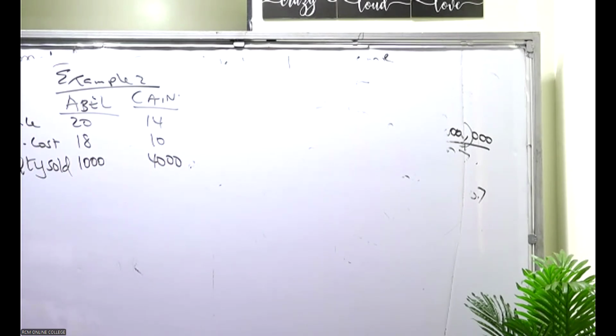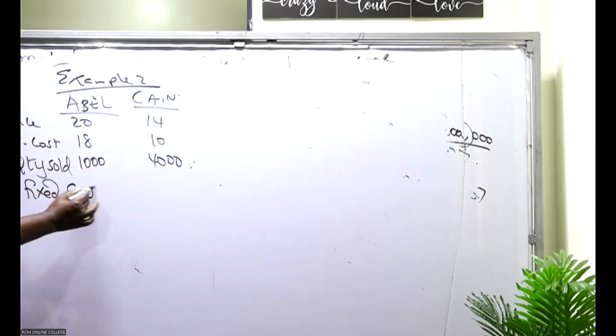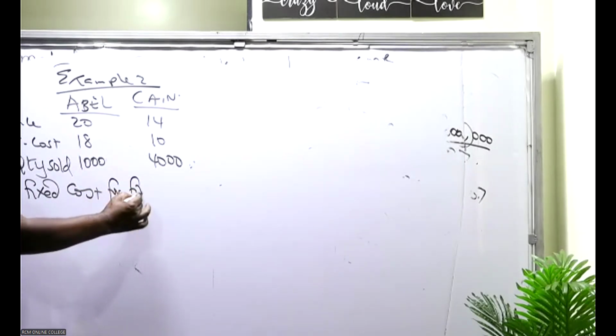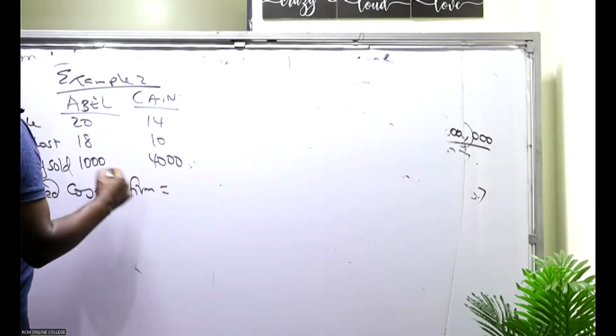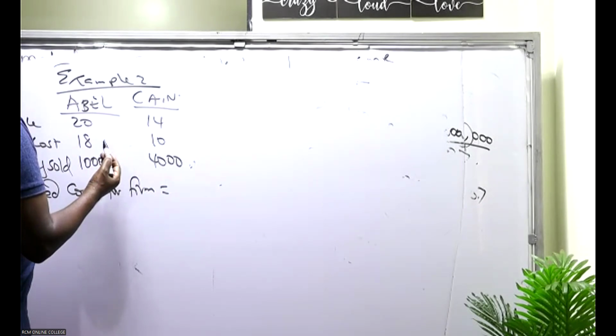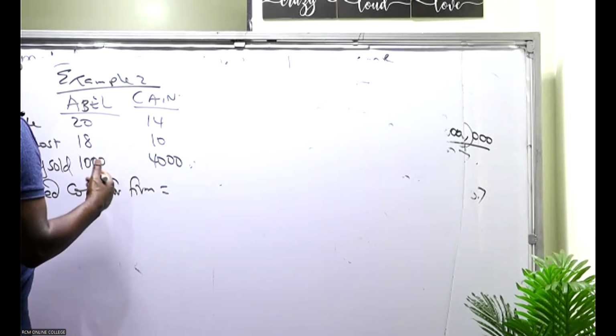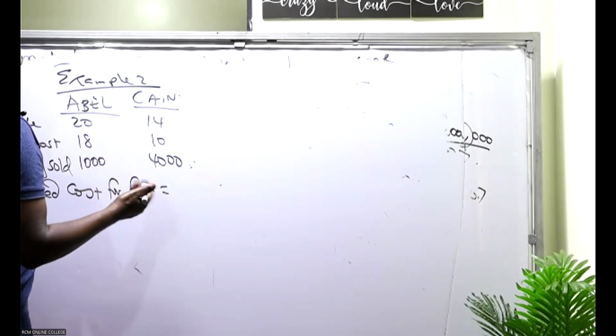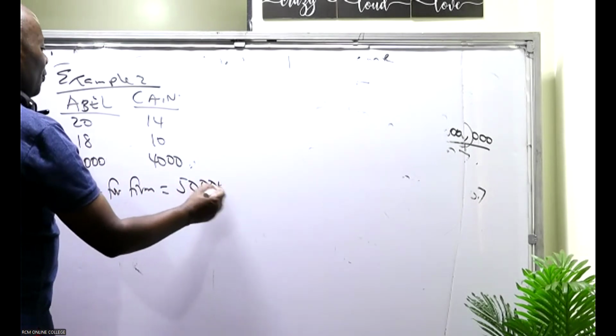All right. And then we have the fixed cost for the firm. 1,000 times 20 is 20,000, and 4,000 times 10 is 40,000. So for the fixed cost of the firm, let's work with 50,000.